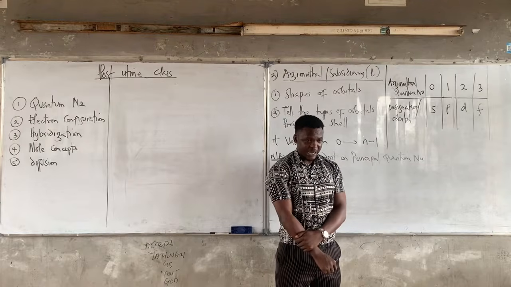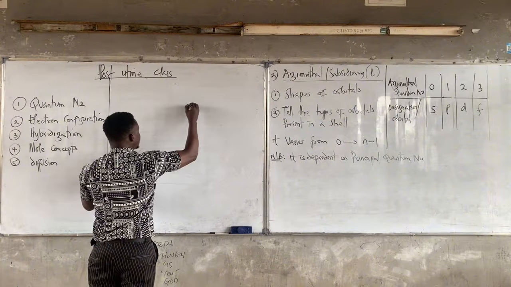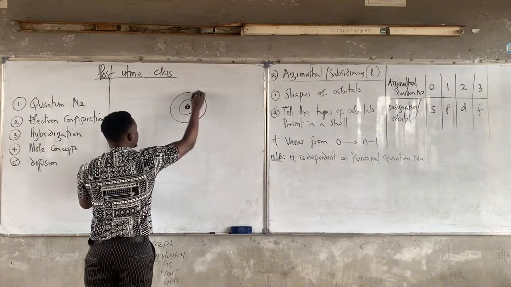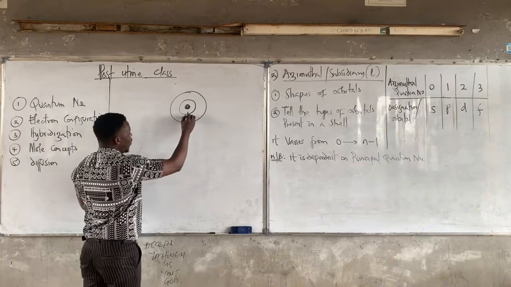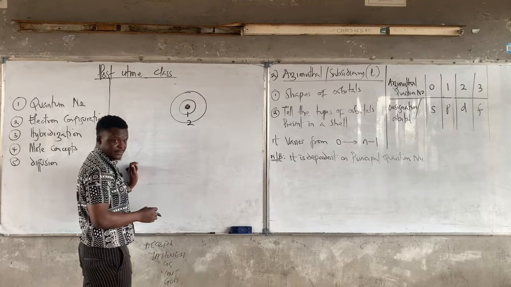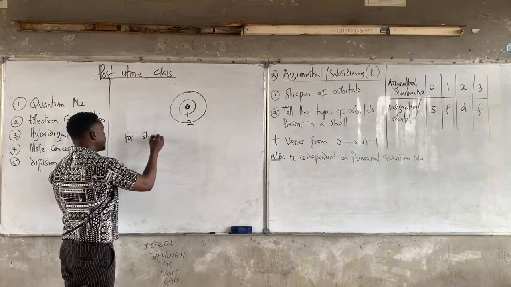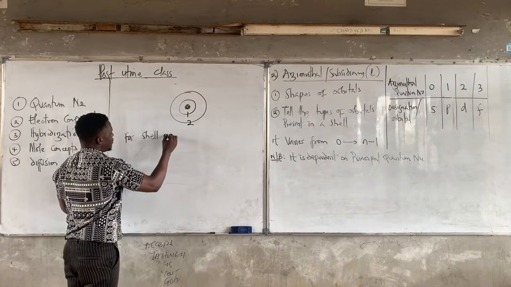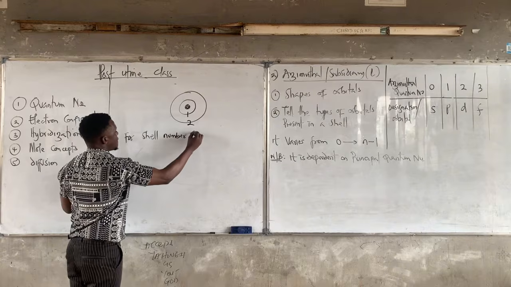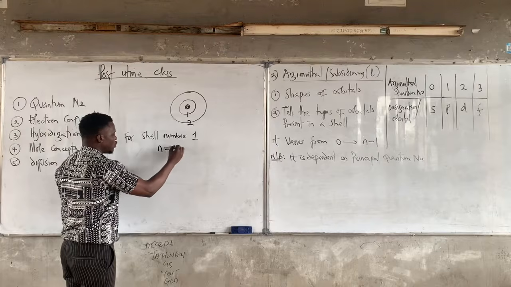Let's say, for example, this is an atom. This is shell number 1, and this is shell number 2. Now, for shell number 1, how do we designate it? We say principal equals what?